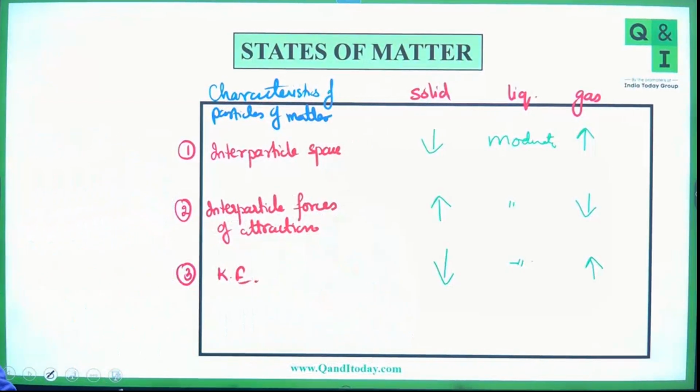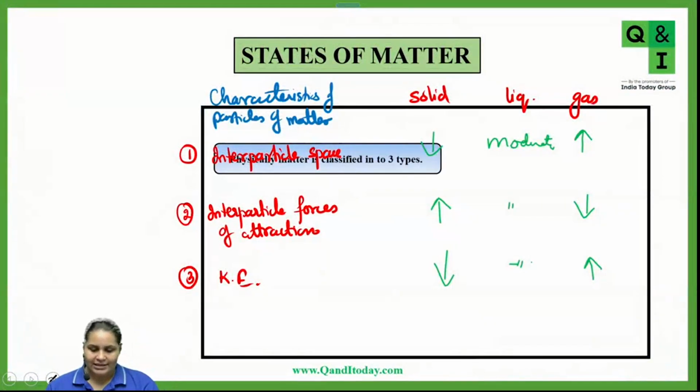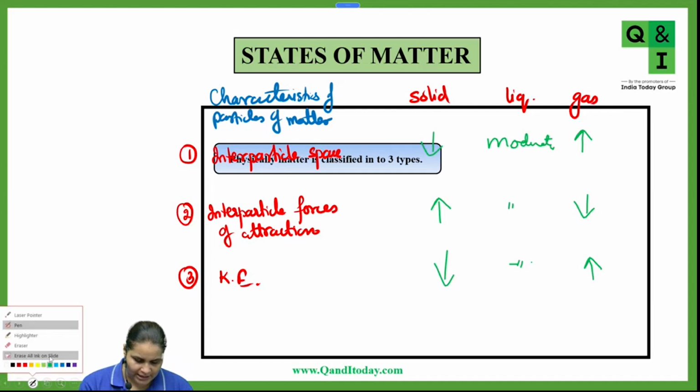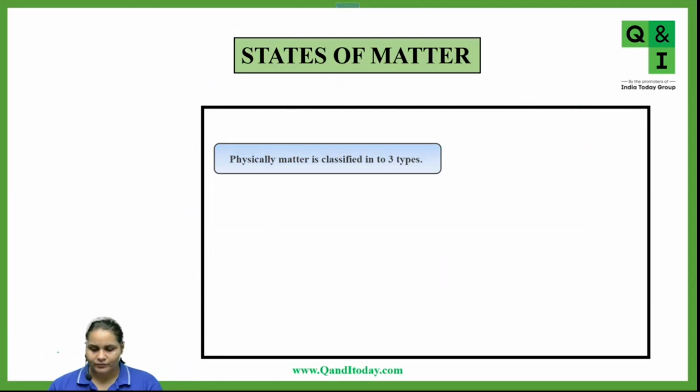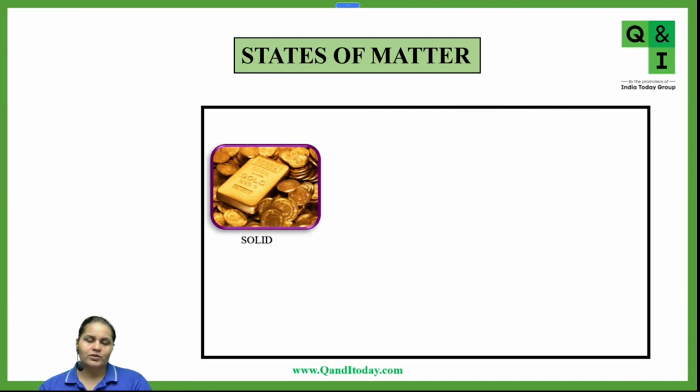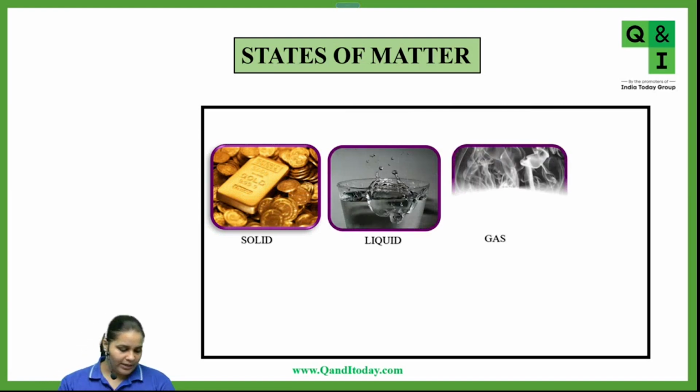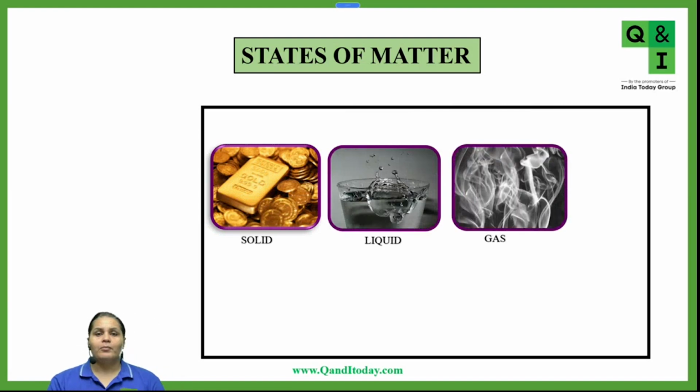So the first state of matter we are going to discuss here is solid. Okay, so I'm going to erase it now. We say three states of matter: solid, liquid, and gas. But we have two other states also that we will be discussing separately.